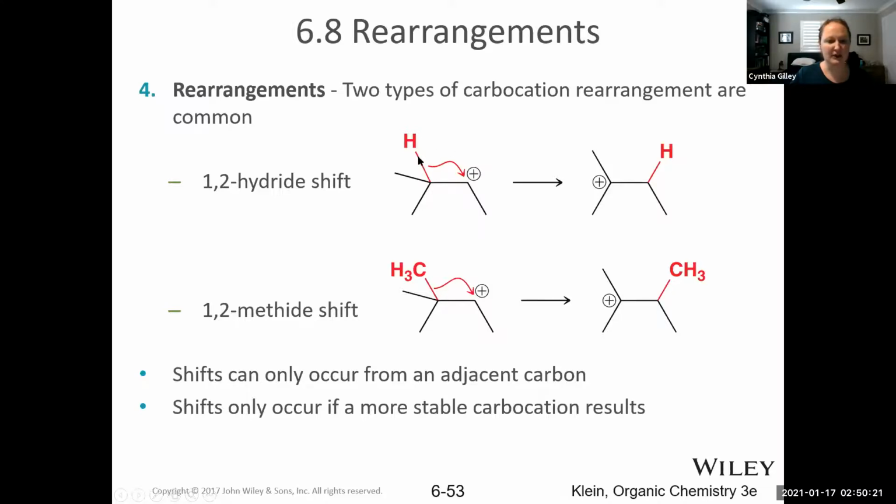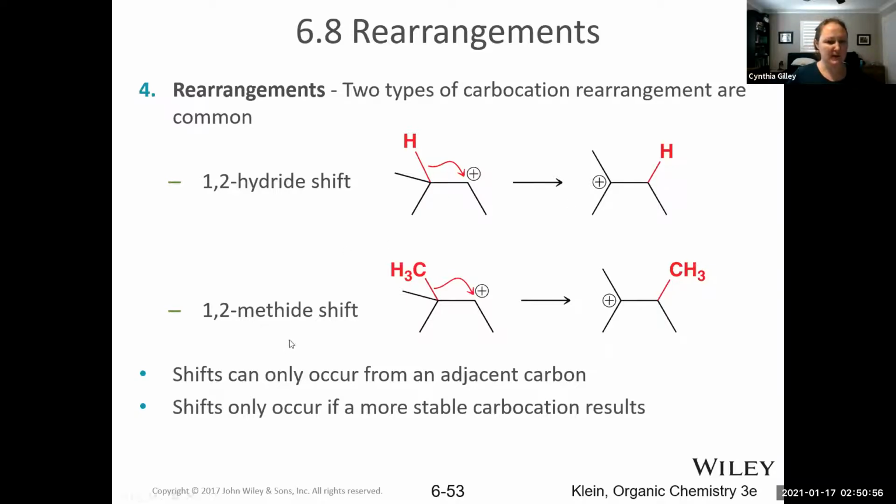And remember, it's not called a proton transfer or a proton shift, because more than just the proton is shifting. The proton in the hydrogen's nucleus is shifting, but also the two electrons are shifting as well. So we call it a hydride shift because it's hydrogen and two electrons. Hydrogen with two electrons and a negative charge is called hydride. It occurs because we've gone from a secondary to a tertiary, more stable carbocation.